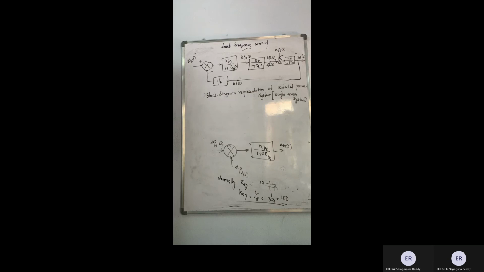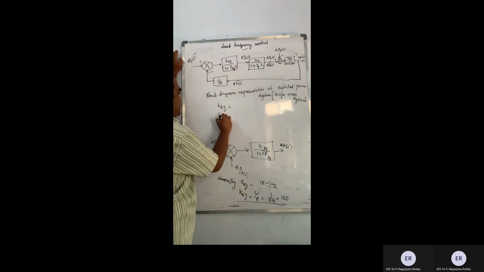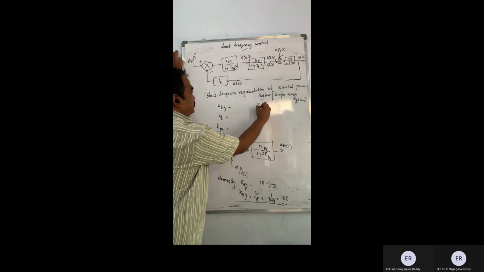Okay. Now, before going any further, I would like to mention the things for you. Normally, what are the values? I will again repeat for you. Normally, I do have three gains here: KSG, KC, and KPS.